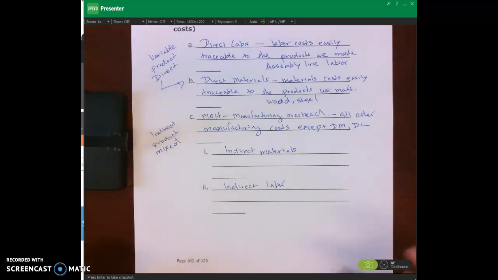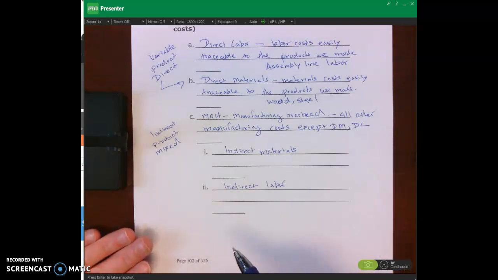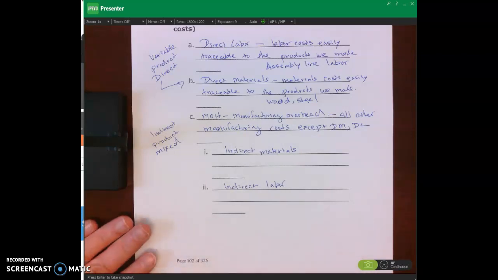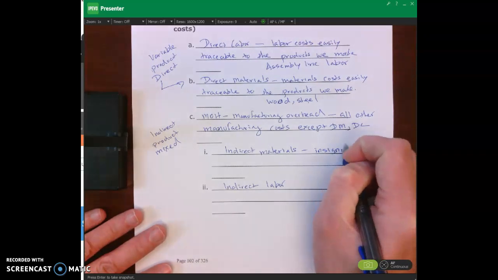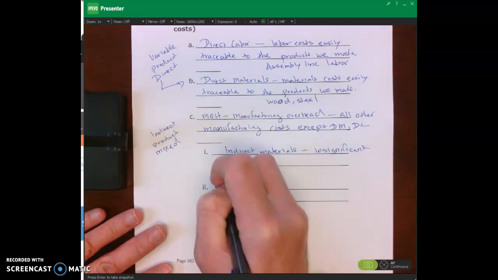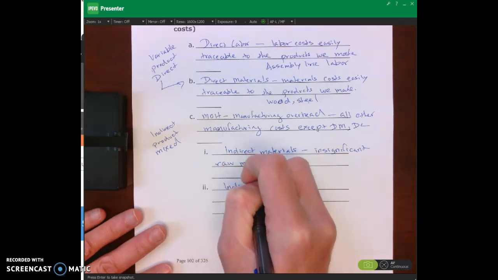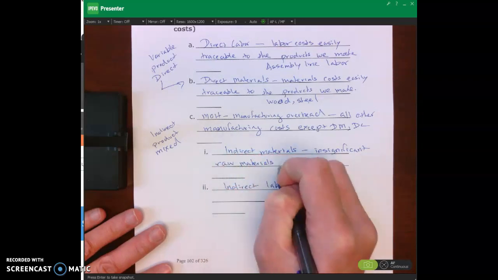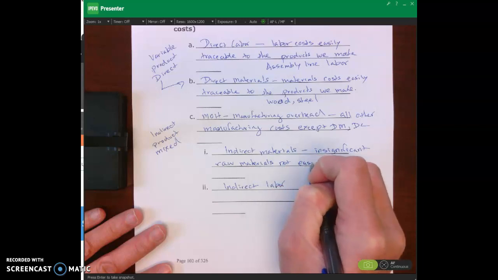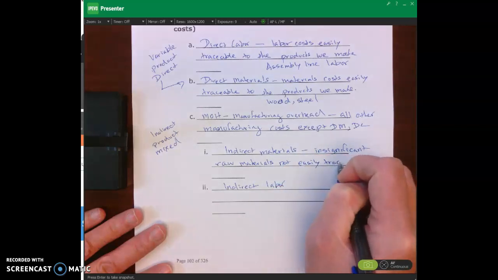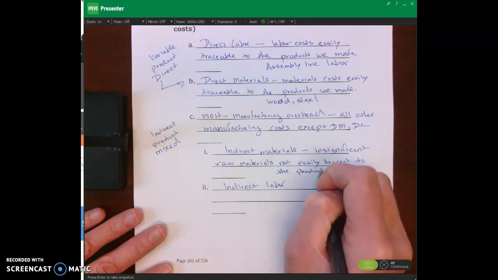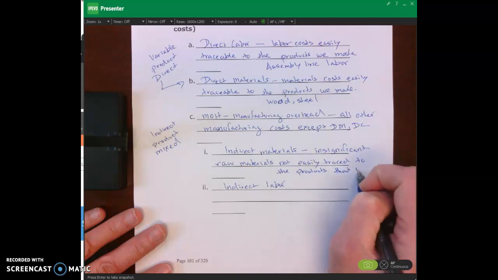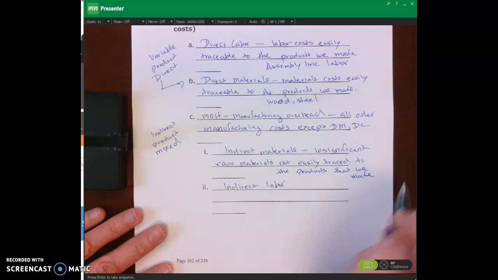Overhead has three subclassifications. Let's talk about the first one, which is indirect materials. I'll define that as insignificant raw materials not easily traced to the products that we make.